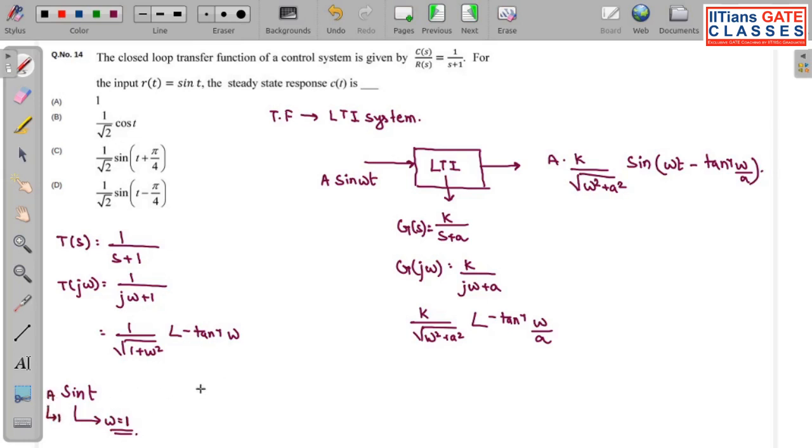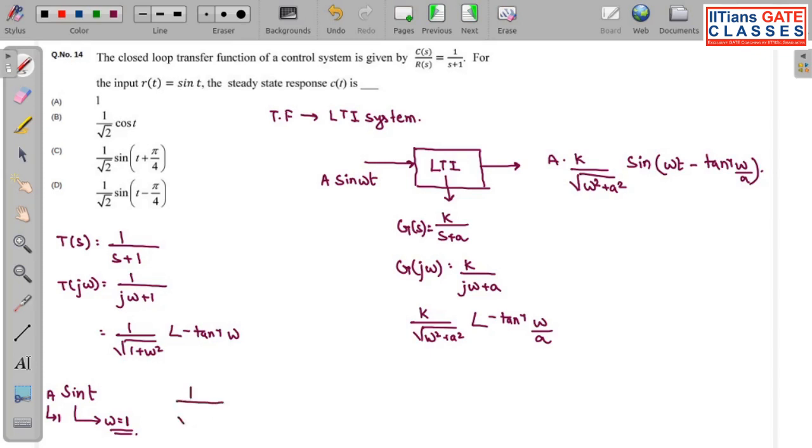The output should be A into K, so you just have to put in the values. A is 1 here. What is K? K is also 1 here, because it is 1 divided by s plus 1.